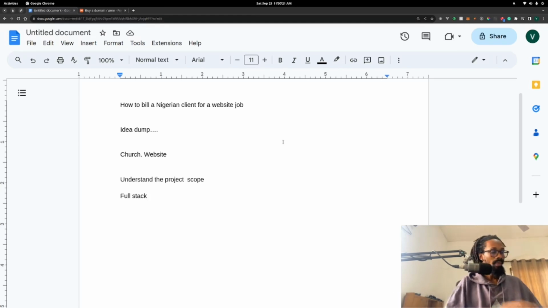Now that we have that out of the way, this is for software engineers. So if the client says they want a website where they describe their church or describe their products, just some sort of information landing page, and then maybe a blog where they can upload posts, programs, etc., from time to time.